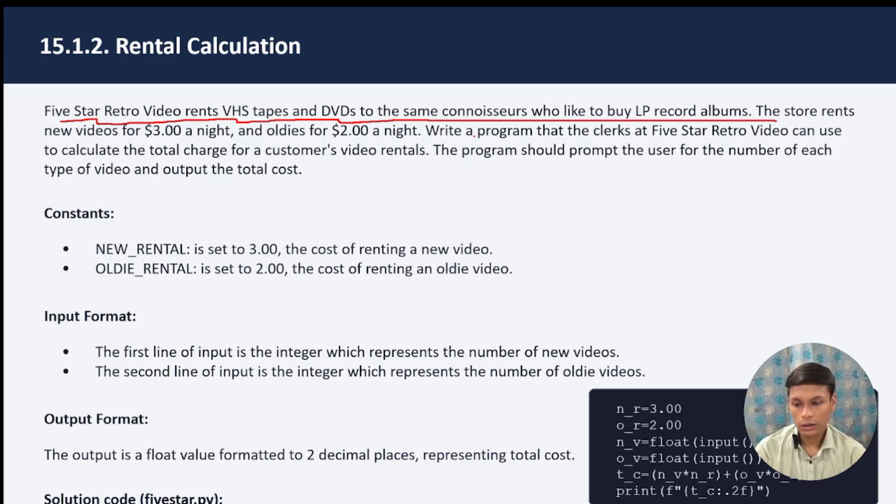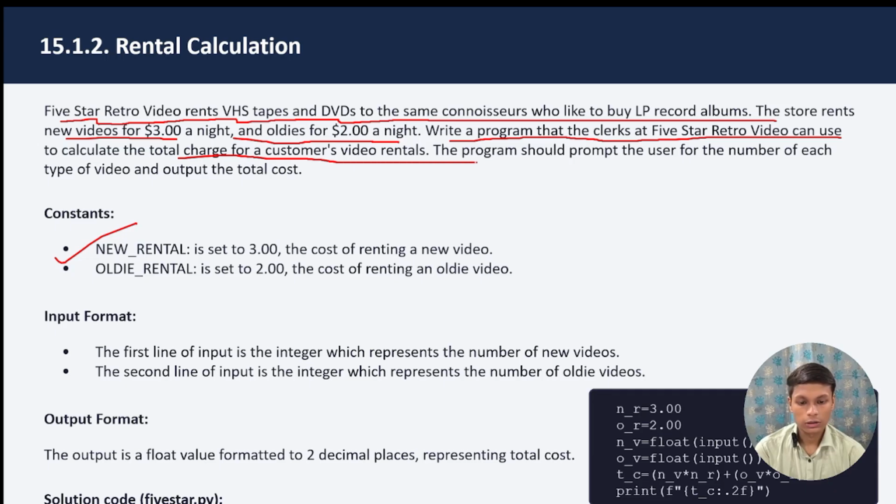The store rents new video for $3 a night. For new video, we are renting for $3 and old videos $2 we are taking. Write a program that the 5-star rental video can use to calculate total charge.